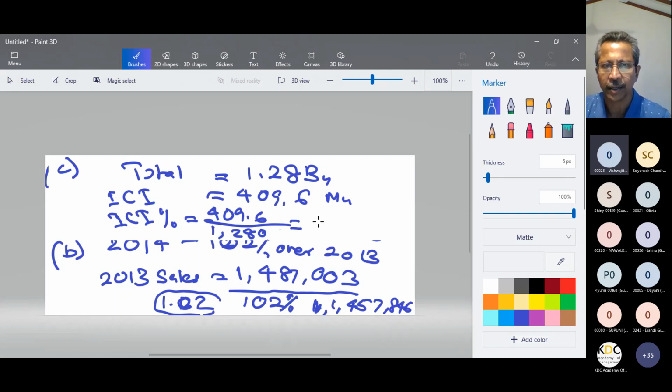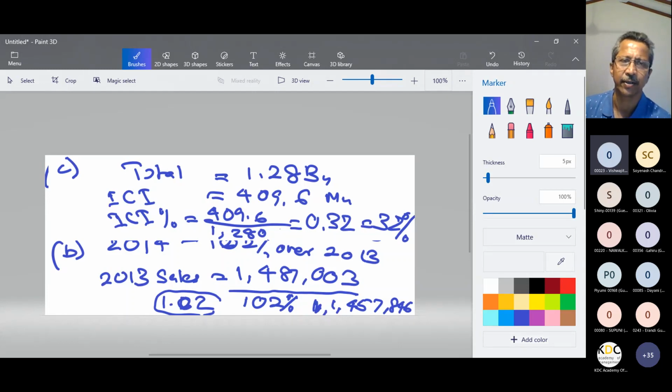It should be maybe 0.32, equal to 32%. So out of the total real estate value, the ICI sector value was 32% in Calgary. Clear? Any questions in this calculation?